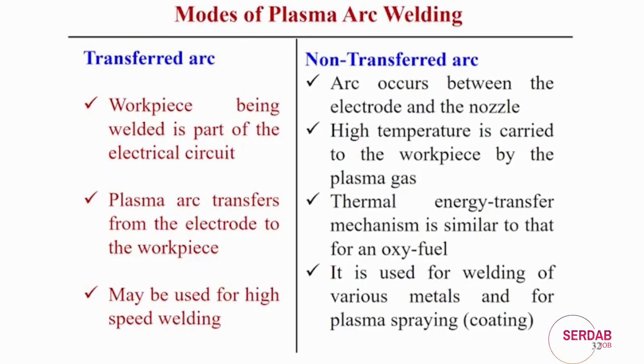The workpiece being welded becomes part of the electrical circuit. The plasma arc transfers from the electrode to the workpiece material, and that can be done at a very high welding speed. This is the normal mode of the plasma arc welding process, the transferred arc, and it is like the gas tungsten arc welding process.